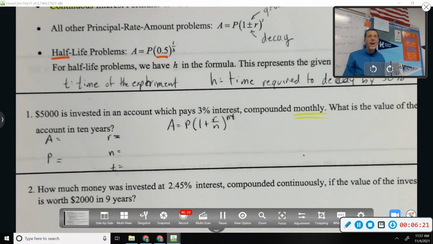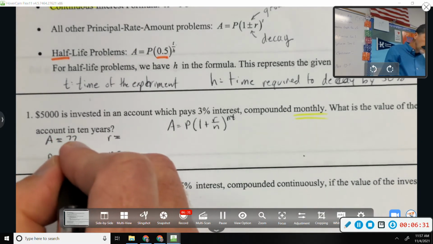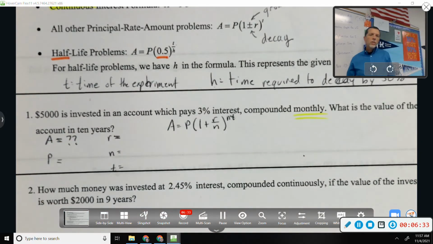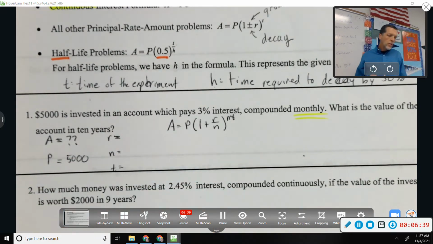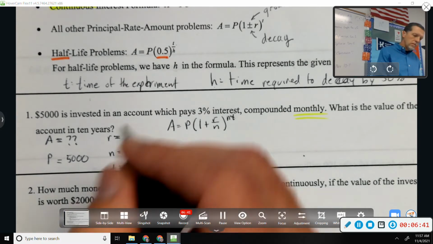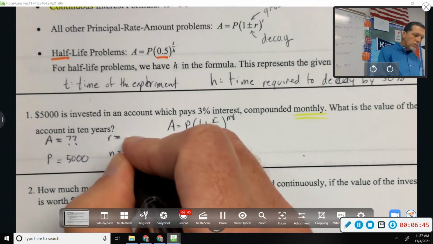Or A is the after. Is 5,000 the after? So after is what we don't know. After is what we're looking for. What's the P? What's the pre? 5,000. What about R? 3%, which is 0.03.